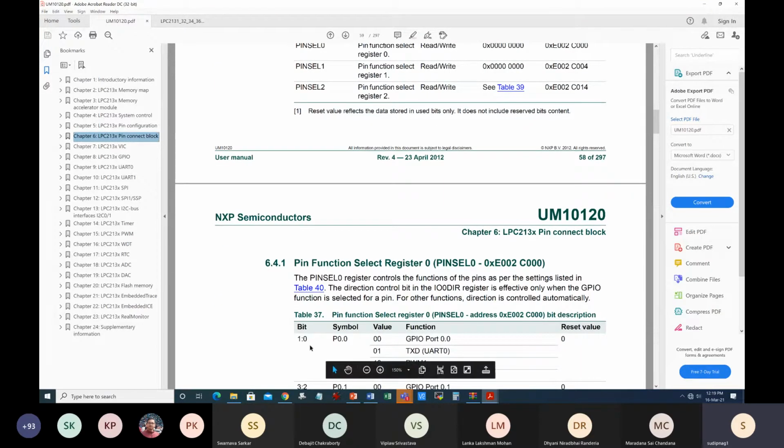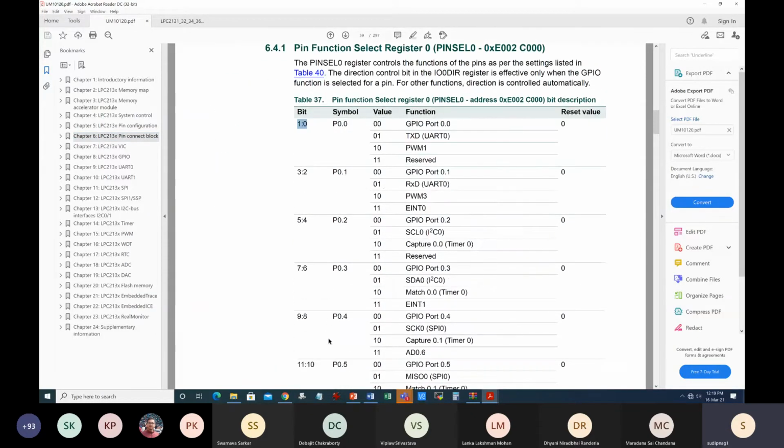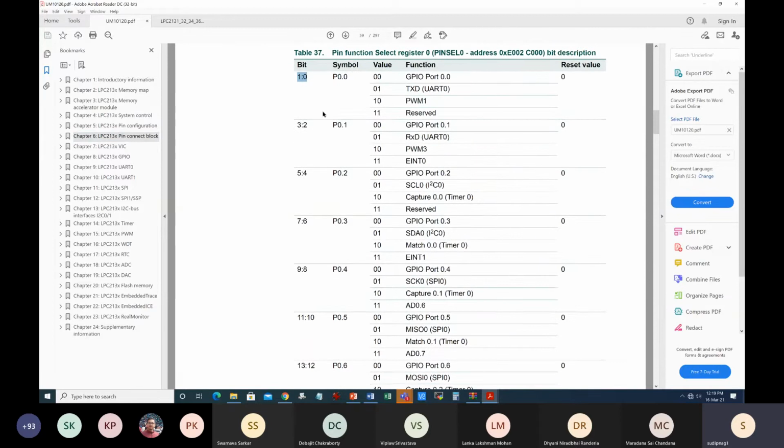If you look at PINSEL0 and at port pins 1 and 0, we are taking a group of 2 bits, and there are different groups of 2 bits. Port 0.0 is configured by bits 1 and 0, that means D1 and D0 of this PINSEL0.